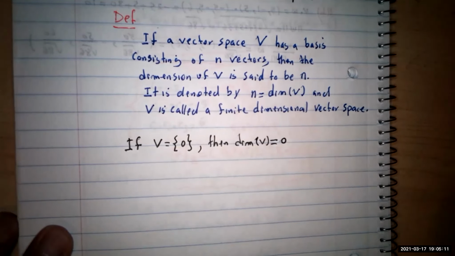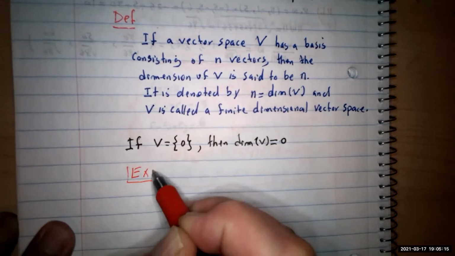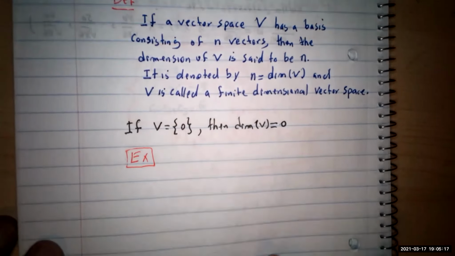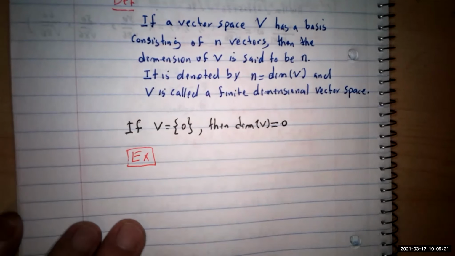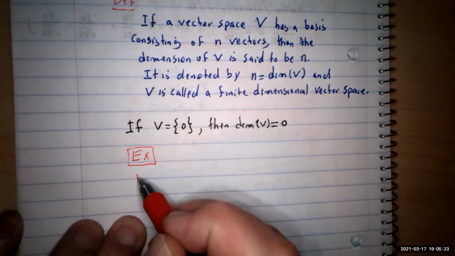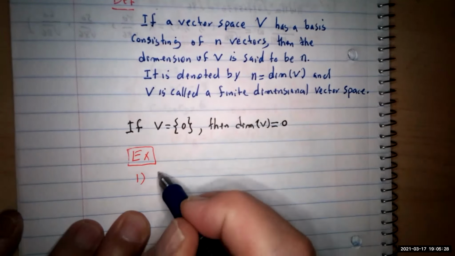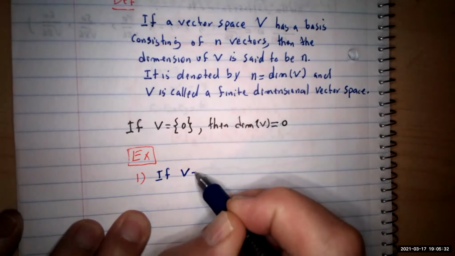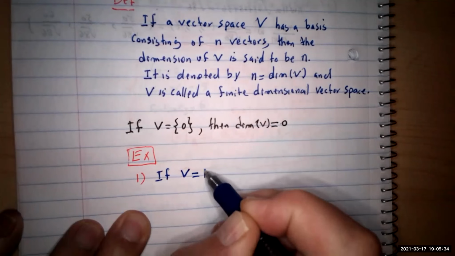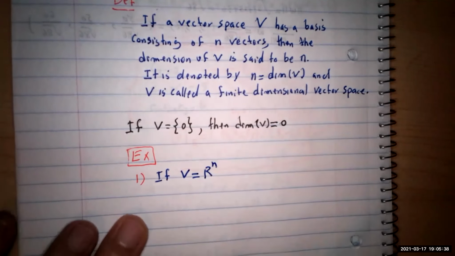Now, this example is very important. You can use the idea of this example anytime you want, and we're going to use it quite a lot. The first case is if your vector space is the finite dimensional Euclidean space, Rn. Remember the Rn?